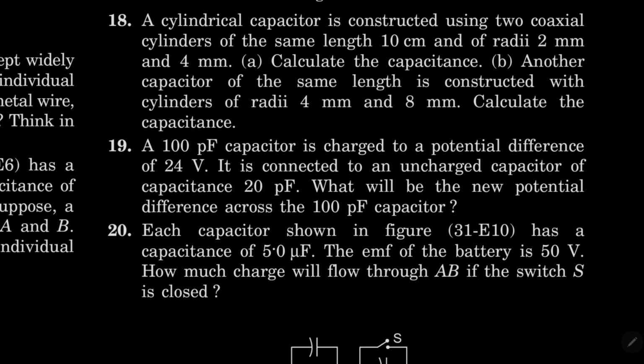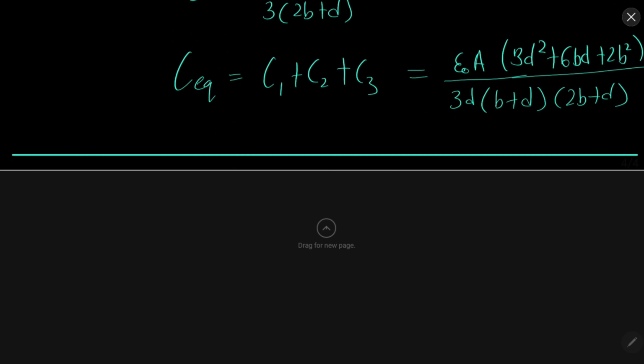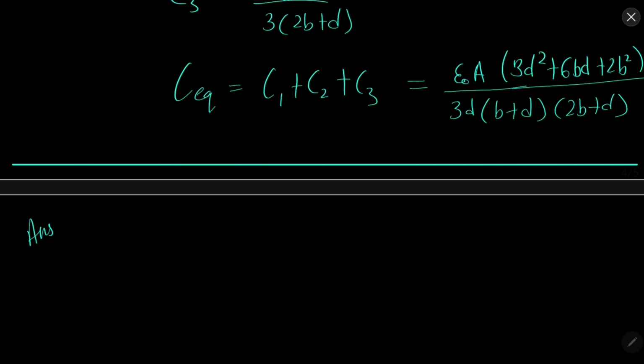In question 18, we need to calculate the capacitance, and if another capacitor is constructed, calculate the new capacitance. Solution 18. A part, C equal to 2 pi epsilon naught L over log R2 by R1.